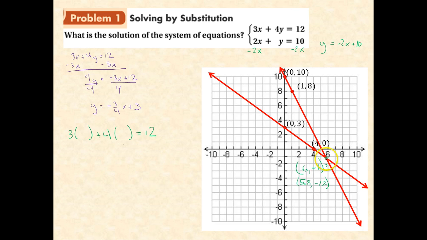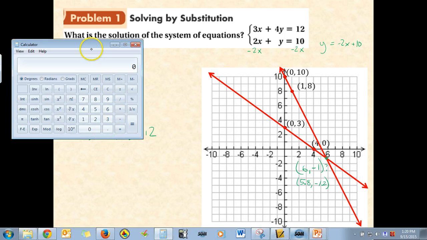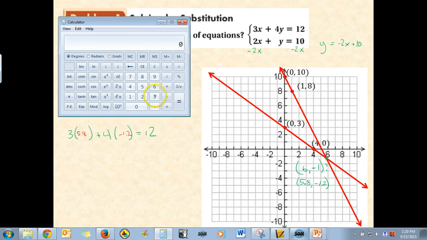Well, maybe it is really like 5.8 and negative 1.2. So let's do that. 5.8, negative 1.2. Let's see. 3 times 5.8 is 17.4.